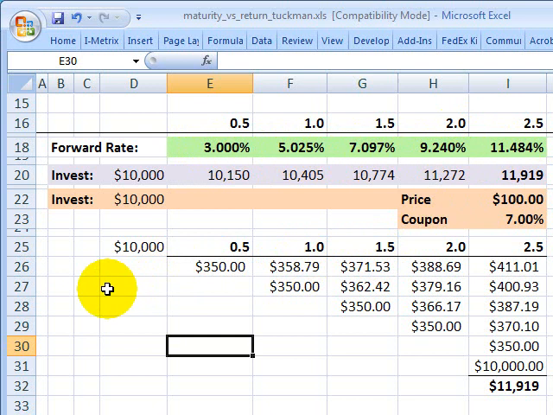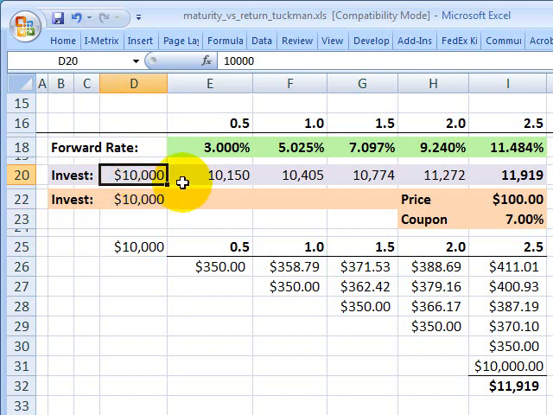And the idea in Tuckman here is that if we have two investors, imagine the investor here in purple versus the investor in orange. The investor here represented by purple is going to be the short-term investor. Both will start with $10,000. The purple investor will be investing in a short-term 6-month bond and then rolling it over for the duration to end up here at the end of 2.5 years.